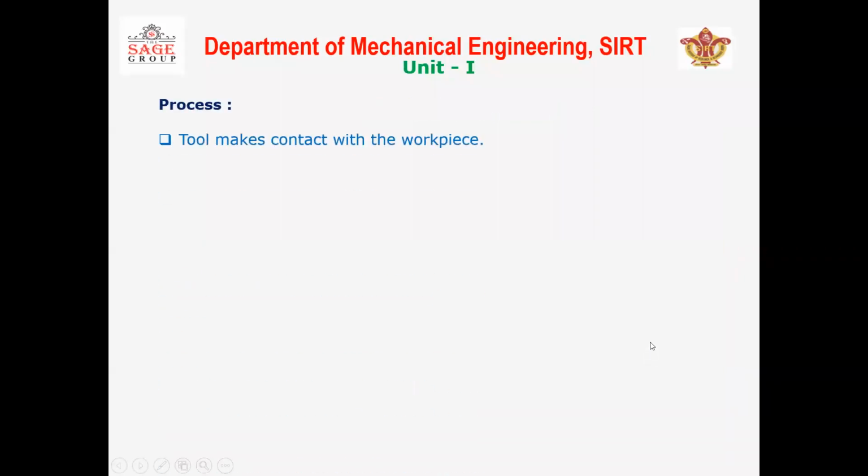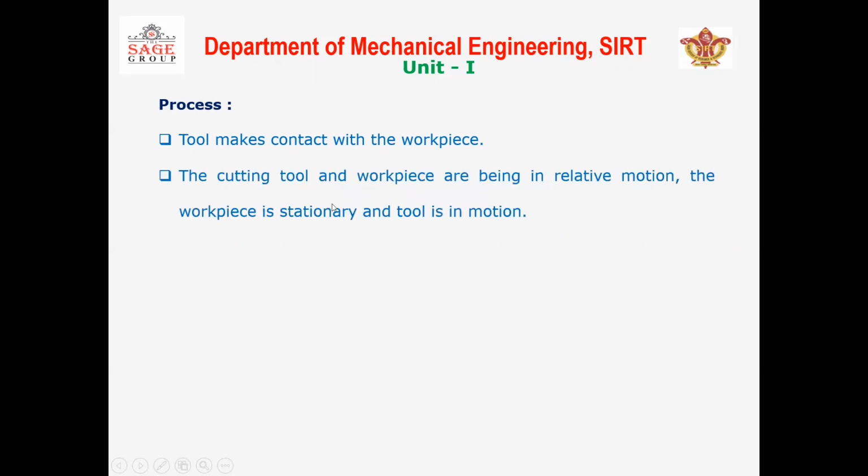Yes. Now the process, how the machining process is carried out. So you have seen in the diagram, the tool makes contact with the workpiece. Then cutting tool and workpiece are in relative motion, and the workpiece is stationary and the tool is in motion.